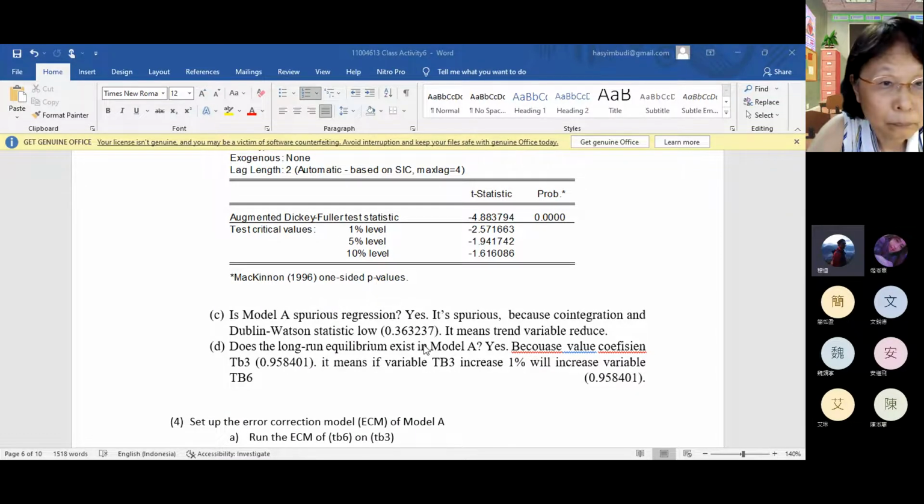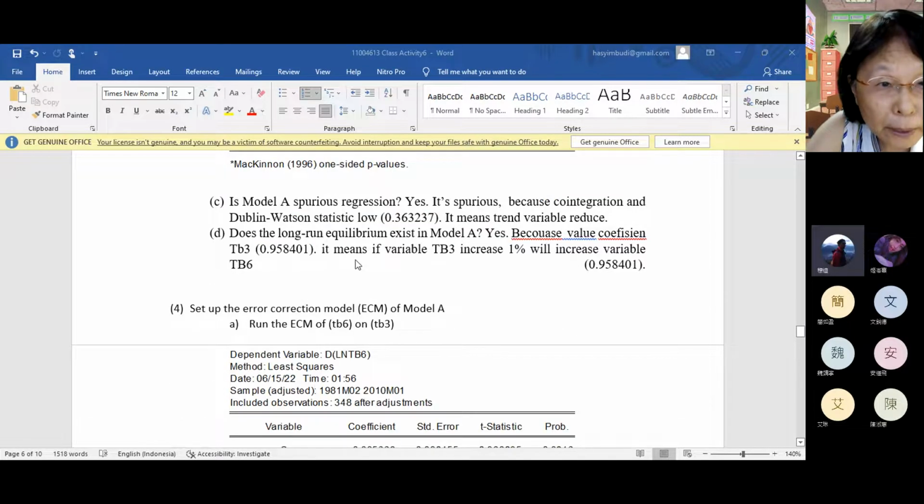Yes, because the Durbin-Watson statistic is low, at 0.363, which means the trend variable is reduced. Excuse me, stop here.